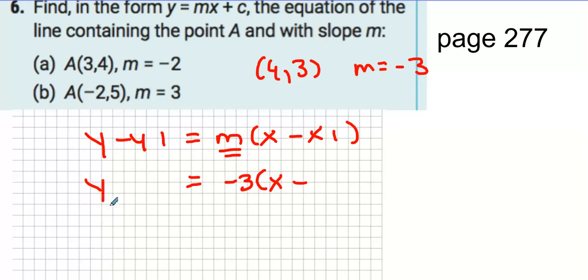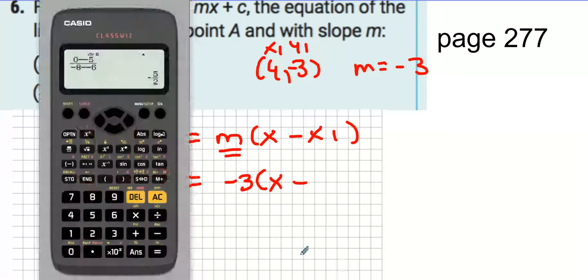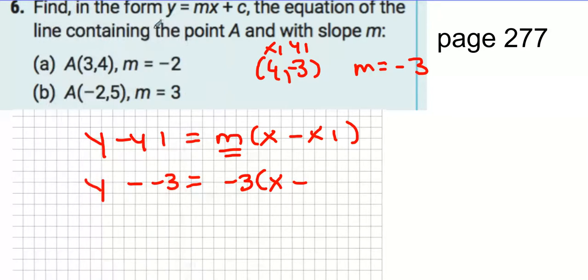Instead of y1, what do I put in? -3. See the way there's 2 minuses? That's clearly a +3. So that'll be y +3.